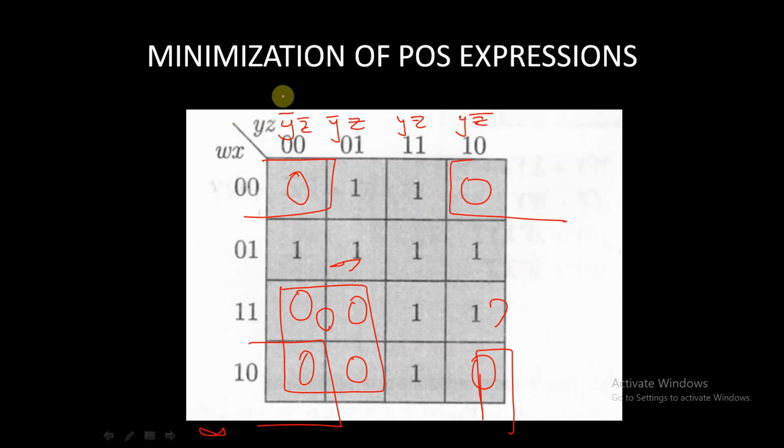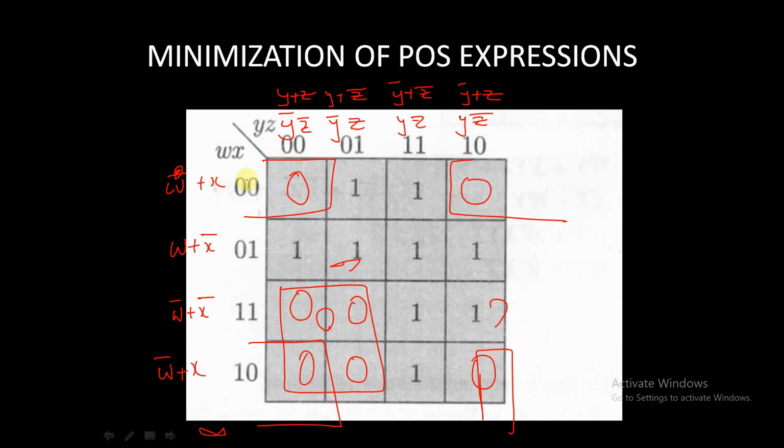So it is in SOP form, or you can write it in POS form: y plus z, y plus z bar, y bar plus z bar, y bar plus z, and here also, w plus x, w plus x bar, w bar plus x bar, and here w bar plus x.